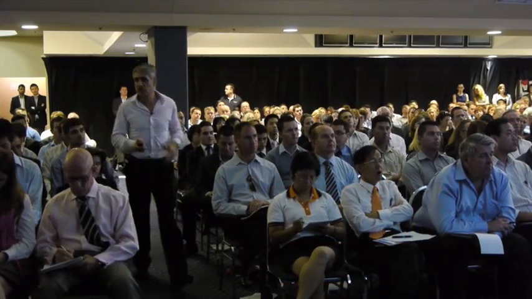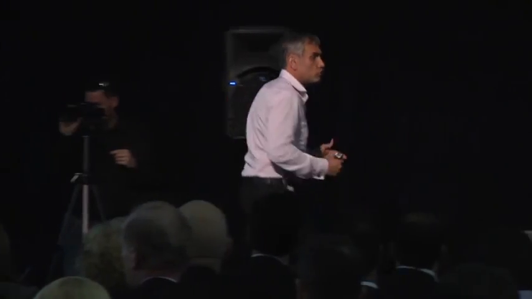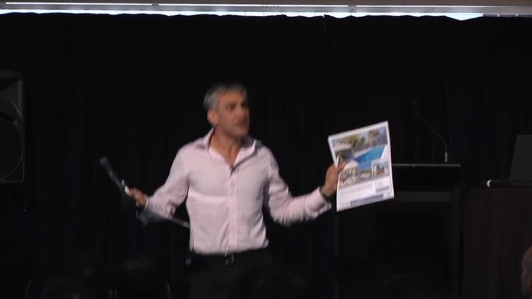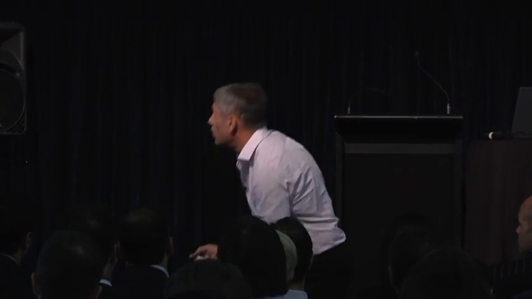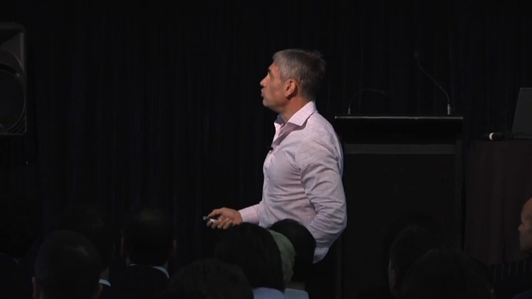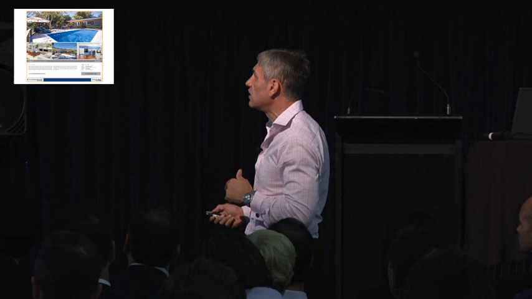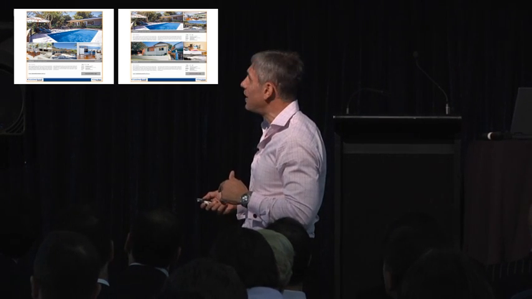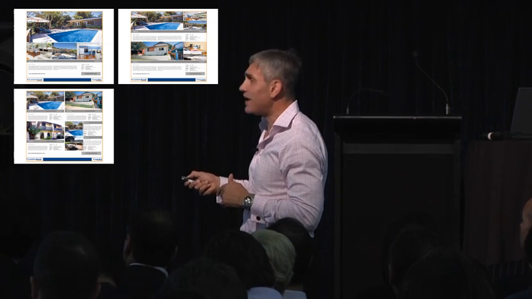So what you actually do is, you don't do it on a computer, you actually have them laminated, sitting there on the dining table. You put them down and you say, so let's have a look. Do you think the first one makes the house look best? Do you think the second one makes the house look best? Do you think the third one makes the house look best?